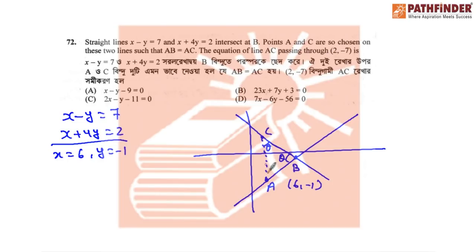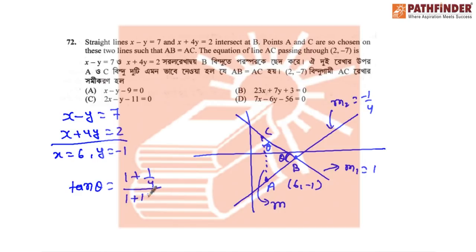This line AC, it passes through 2 minus 7. So slope of this line m1 is equal to 1, and slope of this line m2 is equal to minus 1 by 4. Let's suppose slope of this line is m. So first of all, find angle between these two lines, theta. So tan theta is equal to 1 plus 1 by 4 by 1 plus 1 into 1 by minus 4.